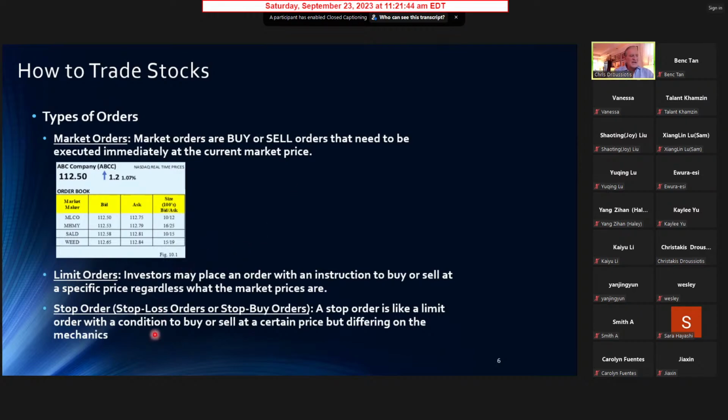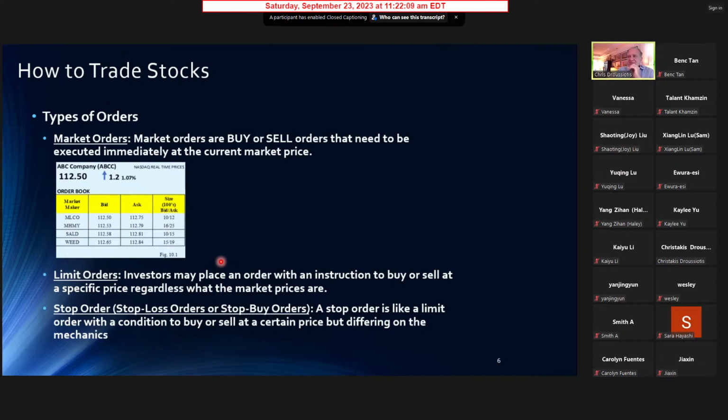Now, there are some other caveats: the stop order, or stop loss order, or stop buy order. Basically, you tell your broker, when the price goes to 100, sell it, for example, or when the price drops to a certain level, sell it.